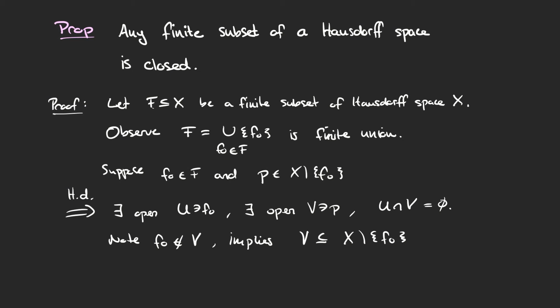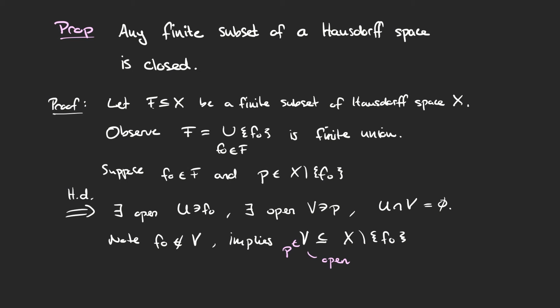All right, now we're almost done. Let's take stock of what's happening. So we found this set V, which is open and is contained in the complement of the singleton F0, and moreover, P is contained in this set V. Now, because P was arbitrary, we have shown the following.